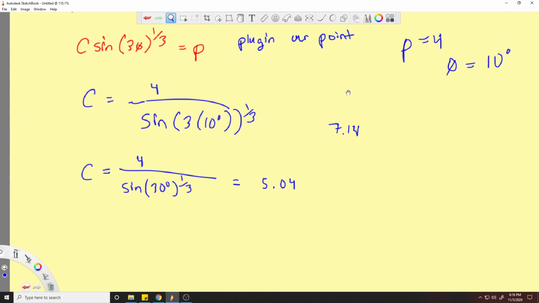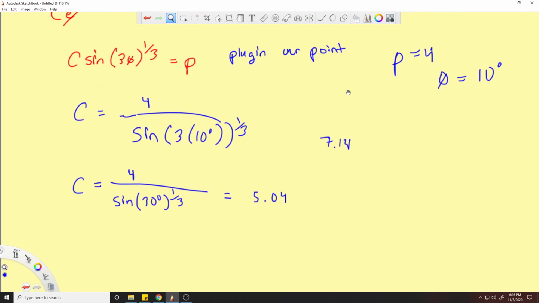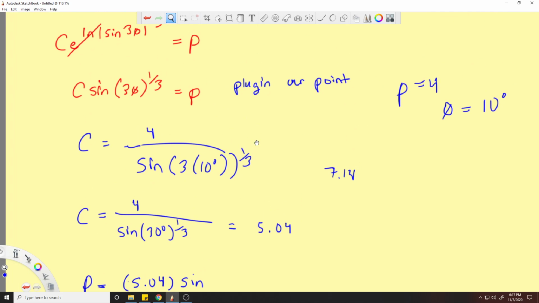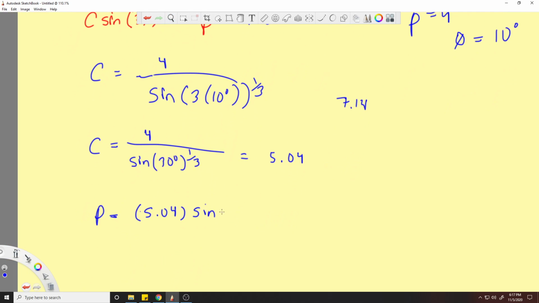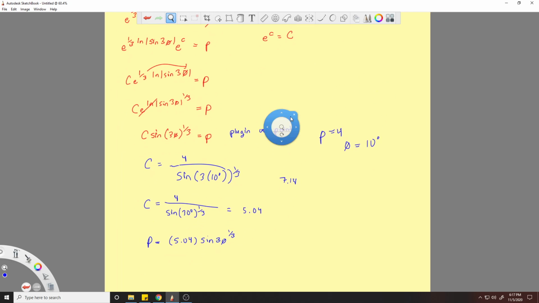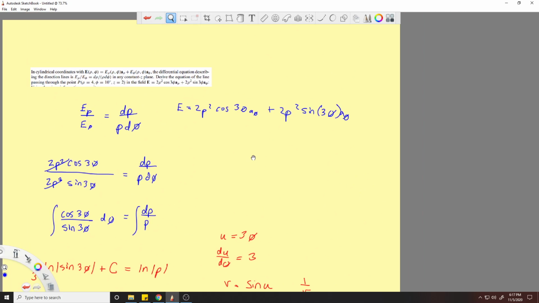And now you would just plug that in: rho equal to 5.04 times sine, and there's your answer. Hope that makes sense. Bye.